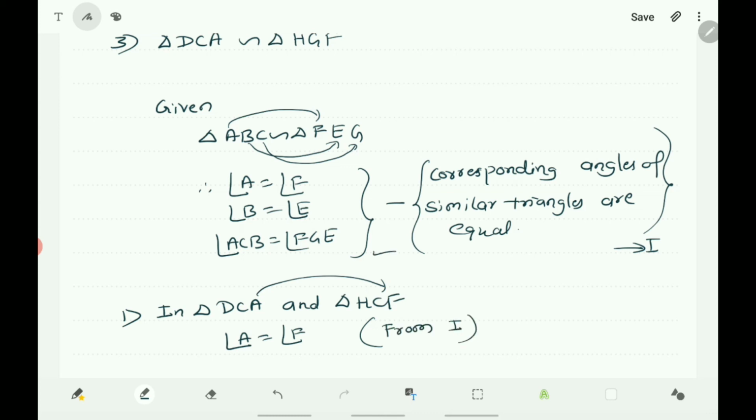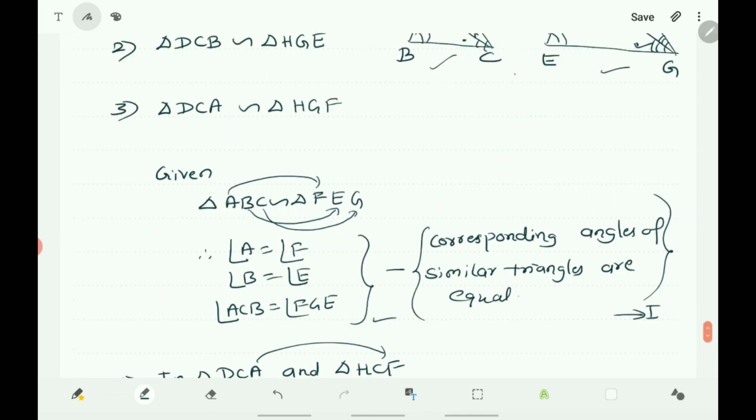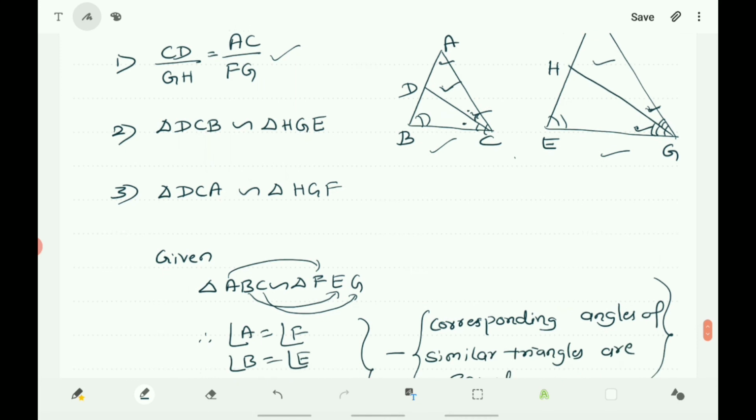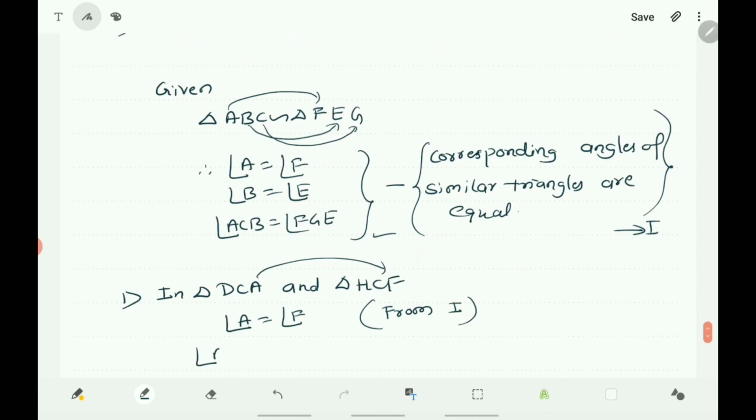If you consider this one is the first, from first, and also you know that angle ACD is equals to angle FGH.